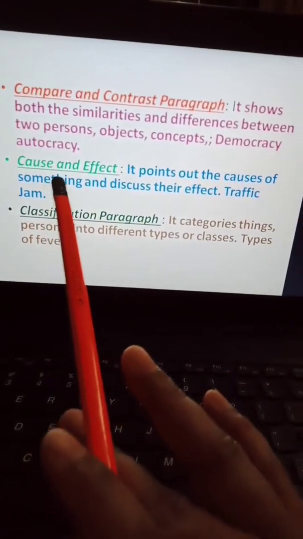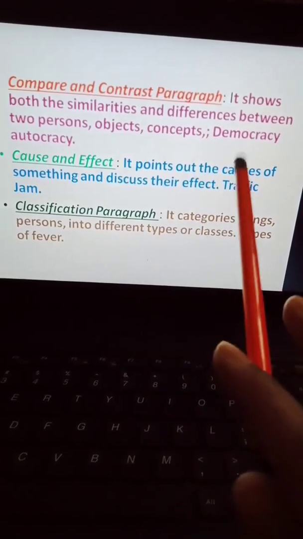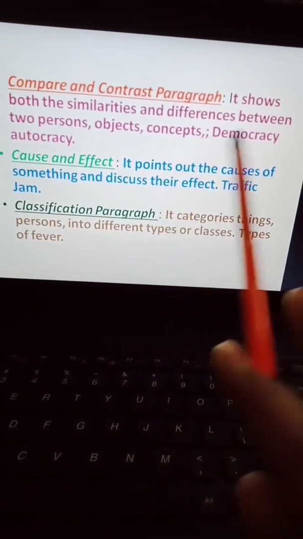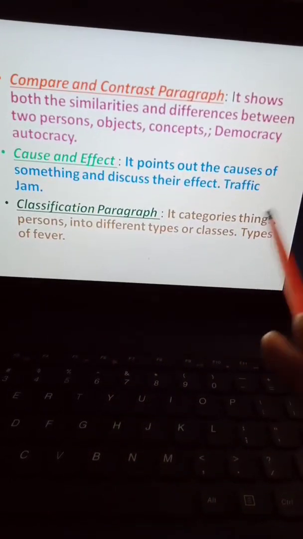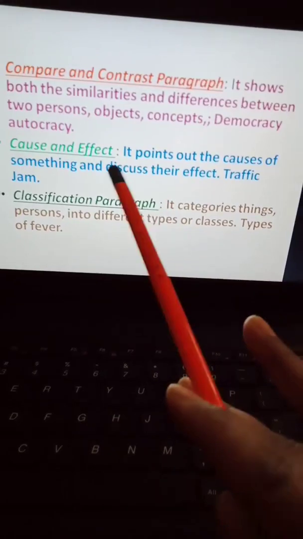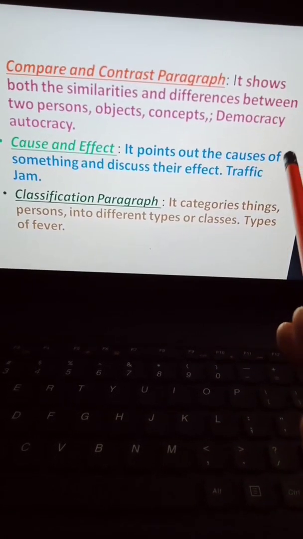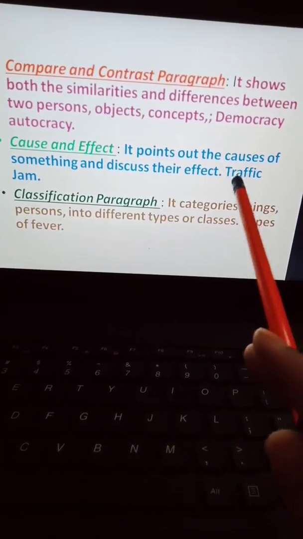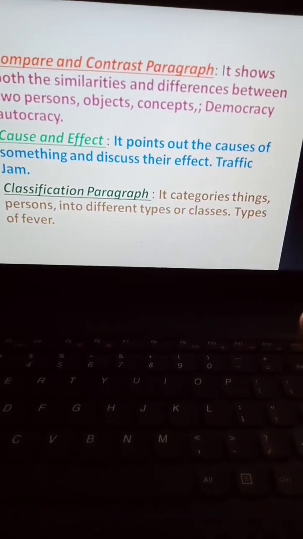So here compare and contrast paragraph, it shows both the similarities and differences between two persons, objects, concepts. For example, democracy versus autocracy, or village life versus city life. So here you need context modulator, because this type of paragraph has two sets of ideas, so you need context modulator here.